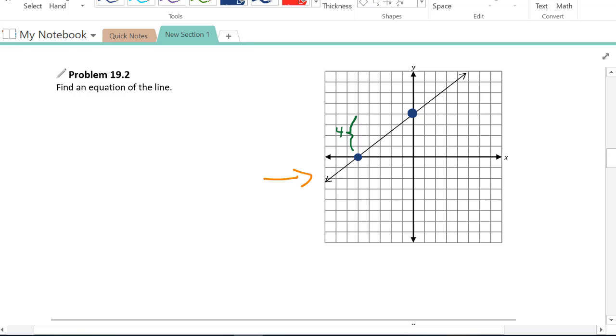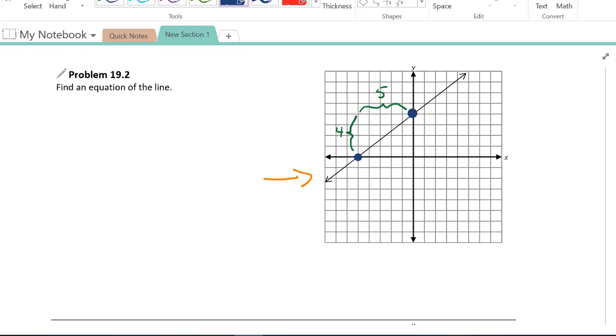I went up 4, and then I went to the right 5. You can count that again, just make sure. I always remember, you start with the leftmost point and you try to get to that point. You go up or down first. So you go 1, 2, 3, 4, and then 1, 2, 3, 4, 5. There you go. So that's my slope.